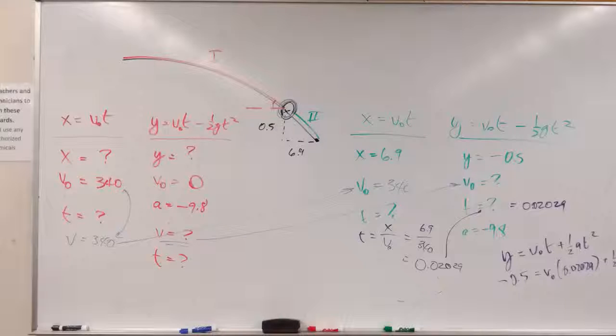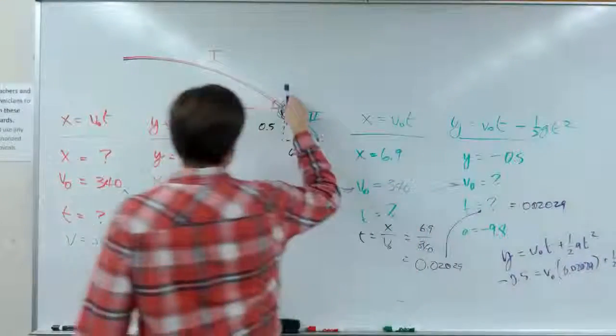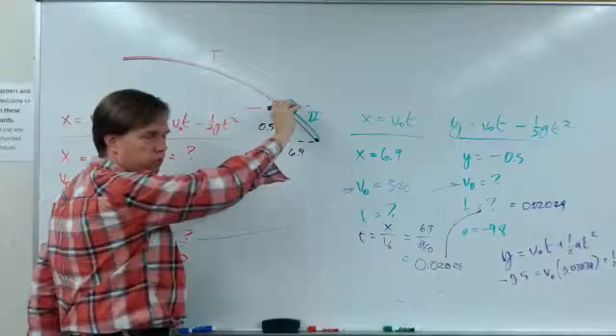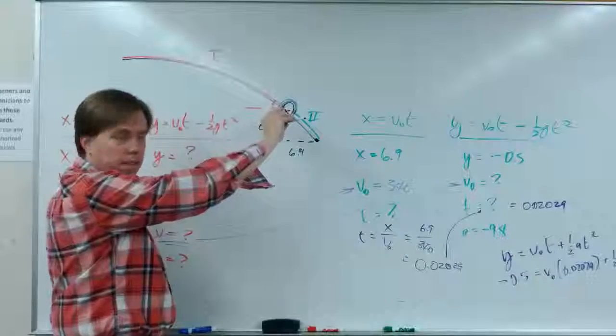Negative 24.631. So negative 24.631 is the speed, right? So this is the initial speed in the y direction, negative 24.6 meters per second down. So it's 24.6 meters per second down, 340 across.